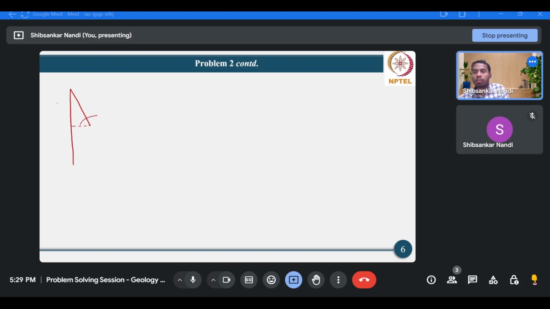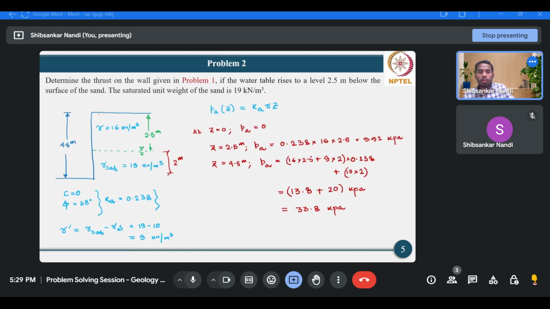So this is up to 2.5 meter. This is 2 meter. Okay, so this figure is not in scale. So this value is your 9.52.